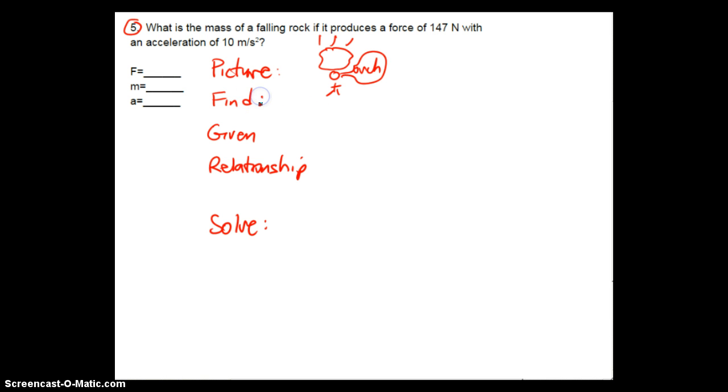Okay, and what are we trying to find? We're trying to find the mass of the rock, and we're given both the force of 147 newtons, and we're given the acceleration of 10 meters per second squared. Perhaps that's how much I'm being pushed on or something.